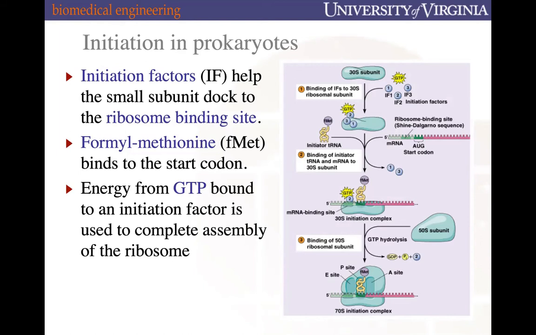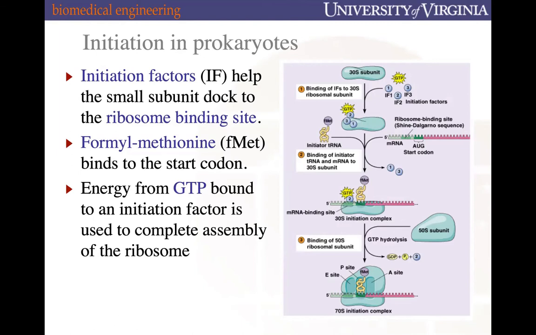Once we have the binding of the initiation factors to the transfer RNA, it'll help dock it, and that's going to recruit the subsequent larger subunit. This is using GTP to help mediate these interactions. Energy from the GTP is used to help bring in the larger subunit and to complete the assembly of the entire ribosome together.